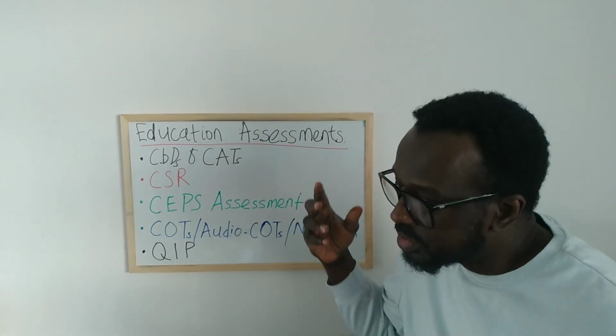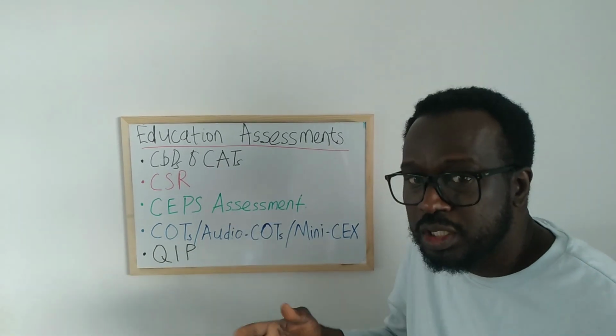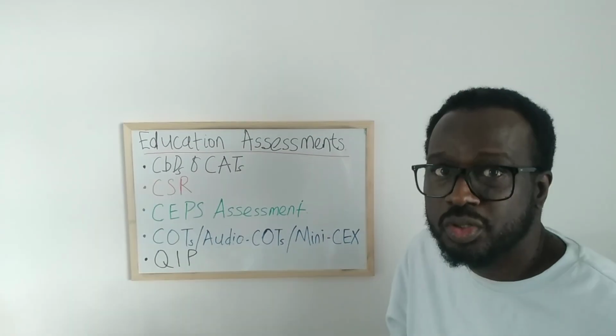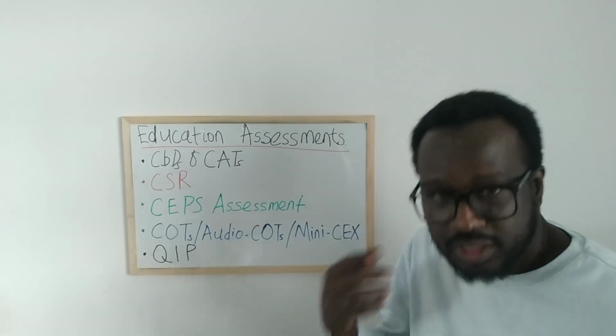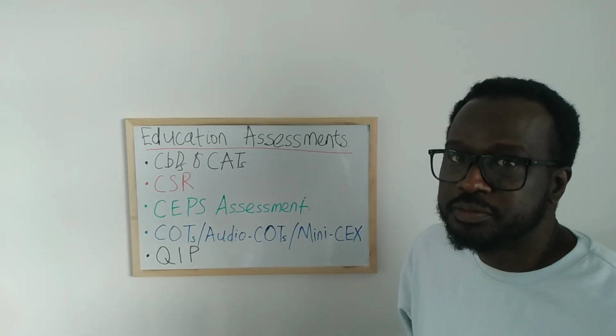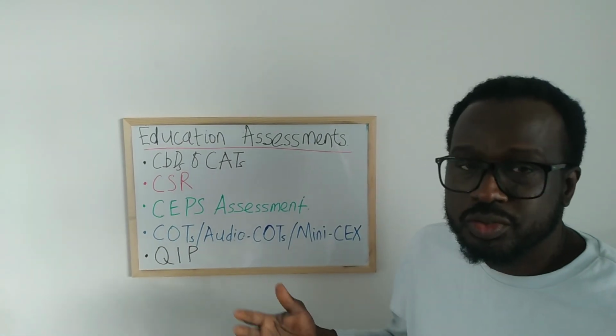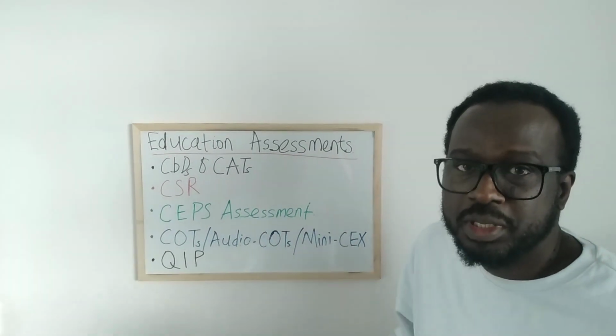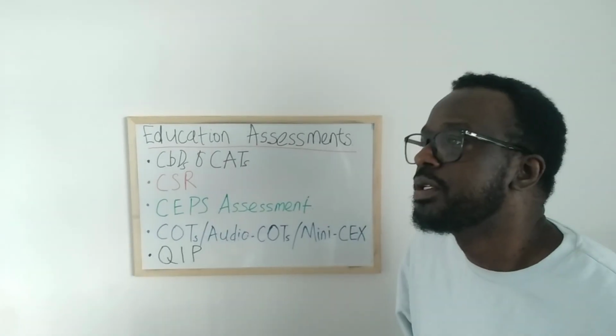Most times it is something that you really saw by yourself, a patient that you saw by yourself, did everything that you needed to do, and they would also ask you to choose any of the capabilities you want to be assessed on.